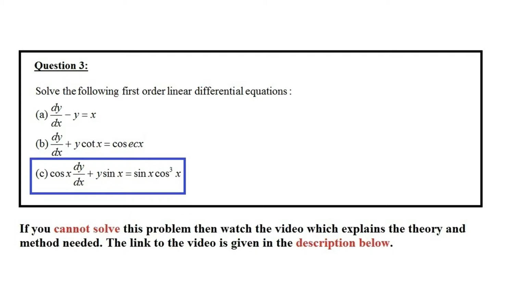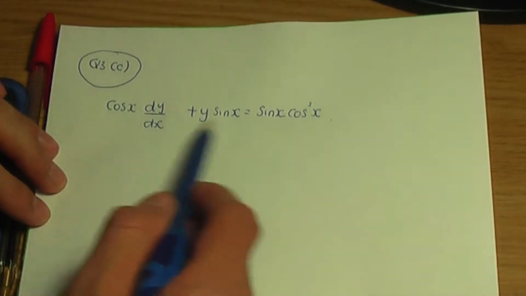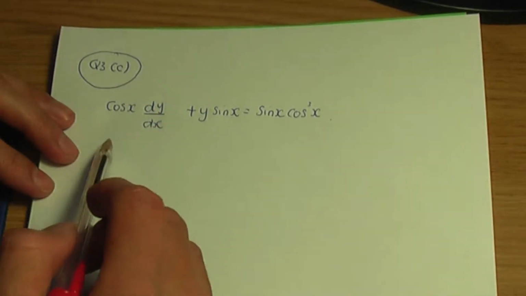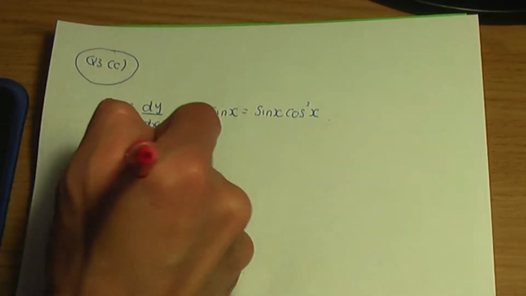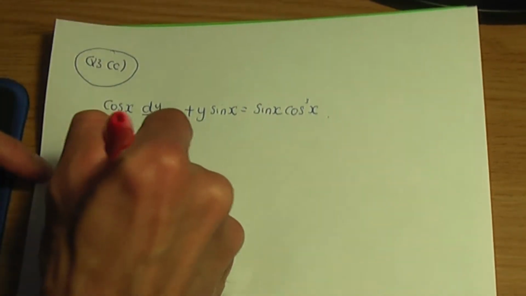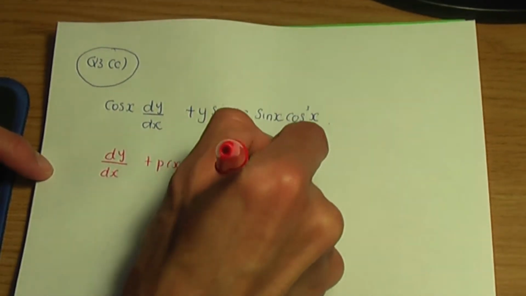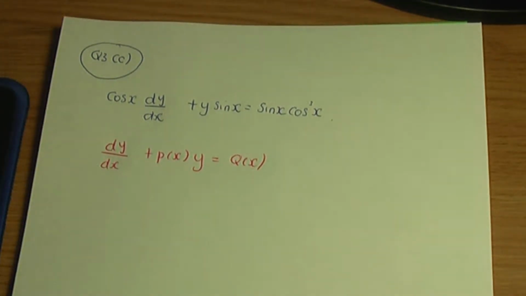So let's think about the method. Let's get back to the paper and pen. So here is our differential equation. Now the question did say that it's a first order linear differential equation. Now I want you to understand that if the equation is first order linear, remember it's an equation of the form dy over dx plus p of x into y is equal to q of x, where q of x and p of x are functions of x.